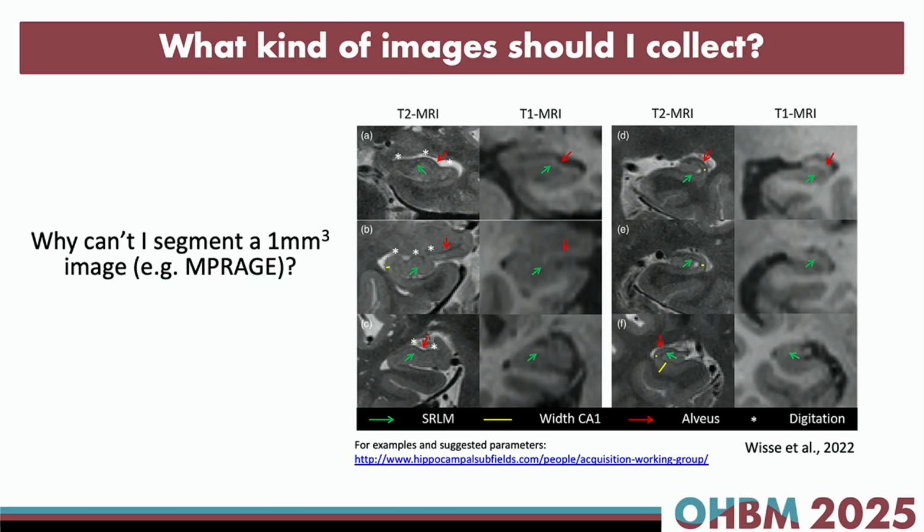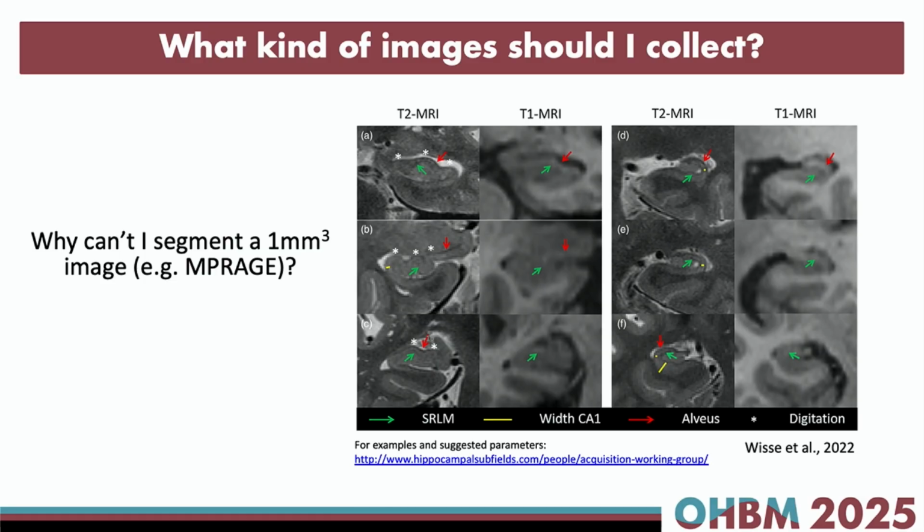So remember, I just told you that the width of CA1, especially in older individuals, can be quite thin. And if you're scanning at 1 millimeter isotropic, it is very difficult to have good enough resolution to measure those structures reliably. And so this is a paper that we wrote a few years ago where we argued that you really need this high resolution in-plane scan. It doesn't necessarily have to be T2 weighted, but that's how it was originally developed.